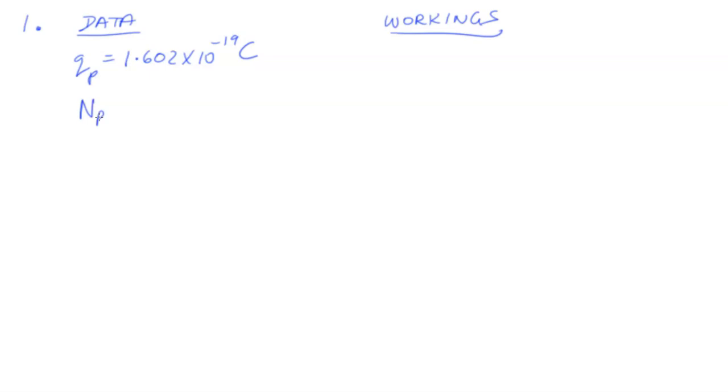The number of protons is given, so I'm just going to use a capital N to represent number. And what we're after is the total charge carried by all of these protons, so I'll just give that Q as a symbol.